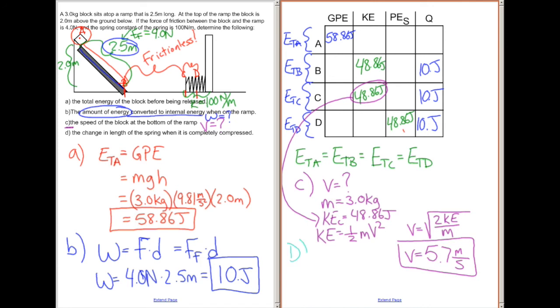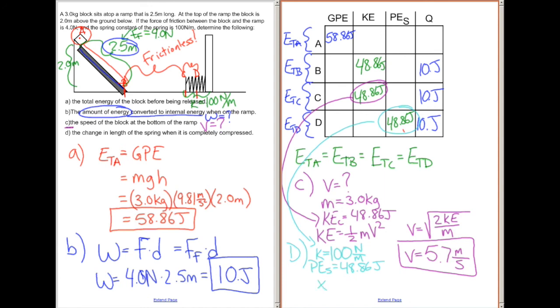Now the last question is question D here. I want to know what the change in the length of the spring is. So my unknown here is going to be x. I know the spring constant is 100 newtons per meter, so I'm going to list that as my given information. And I know I'm going to use the equation PE sub s equals 1 half kx squared, where PE sub s is that same 48.86 joules. So I'm going to label that as my given information.